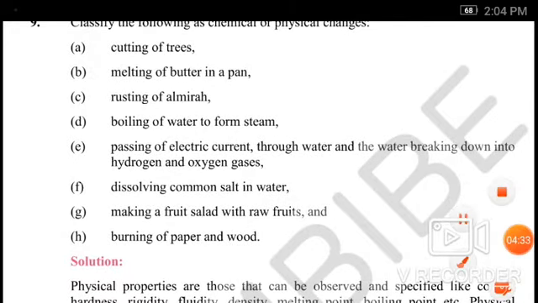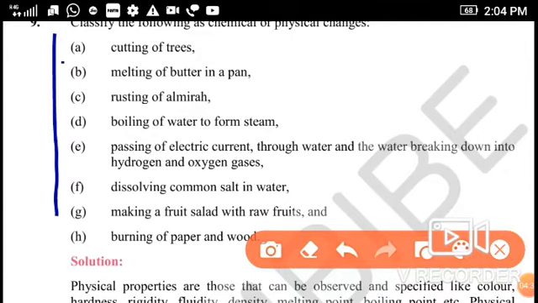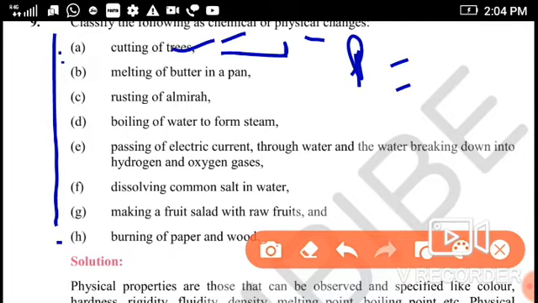Now the next question is, we have to classify the given changes as chemical or physical change. Cutting of trees is a physical change because no new substance is formed.